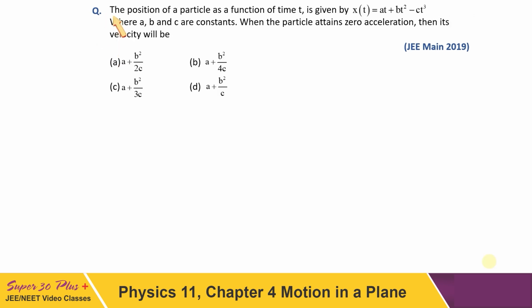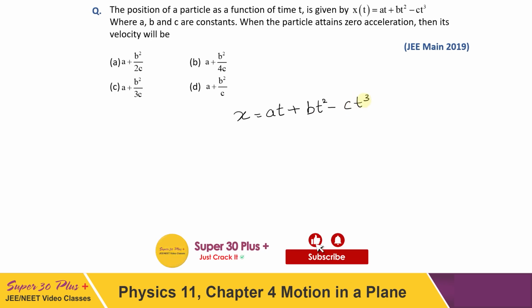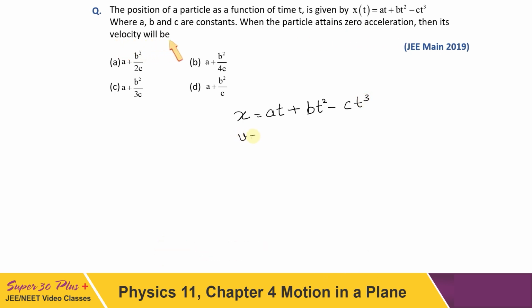In this question also, the position of the particle is given here, that is x is equal to at plus bt square minus ct cube. a, b and c are constants. When the particle attains zero acceleration, its velocity will be, okay. So first let us calculate the velocity. That will be equal to dx by dt.